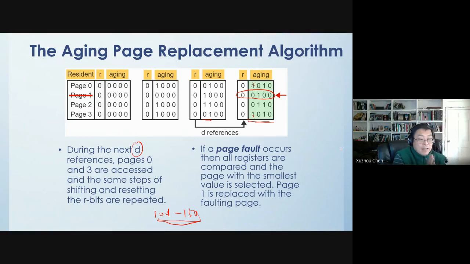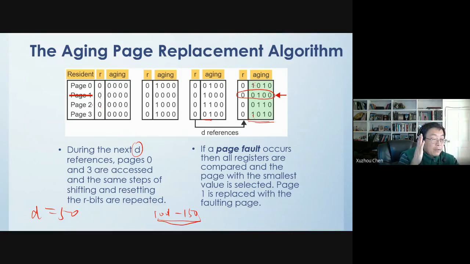Because page 1 has the smallest number. So we basically keep this aging register and the reference register. In the reference register we record the past 50 references, if D is 50. If the page has been referenced in the past 50 page references, then you update the reference bit.